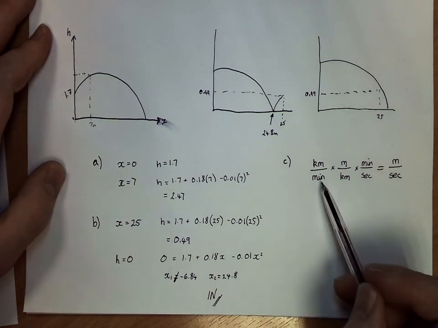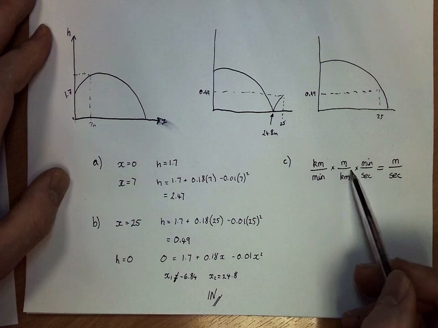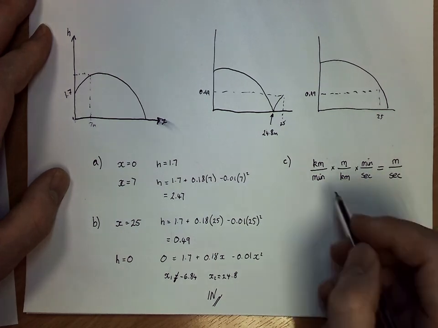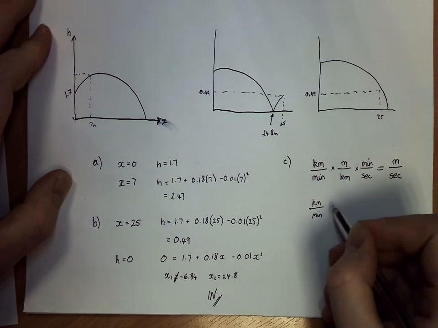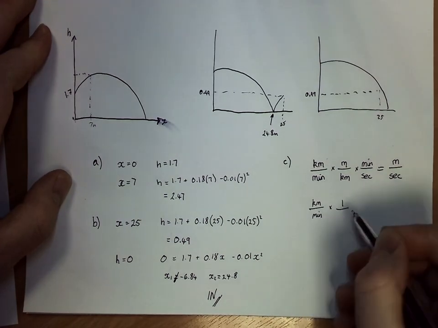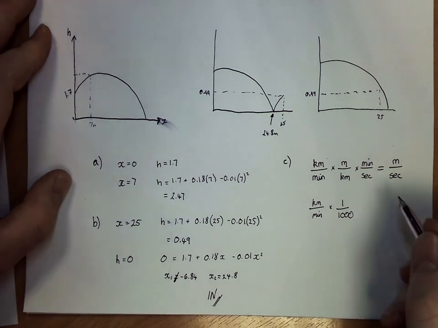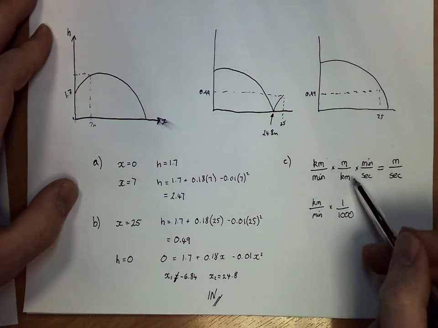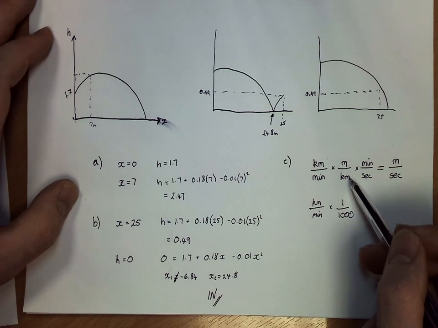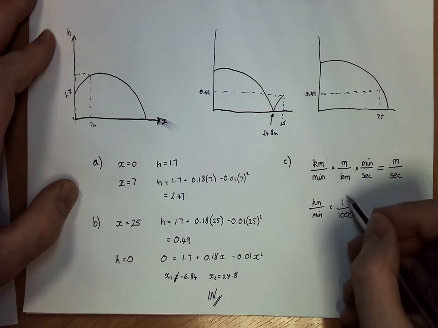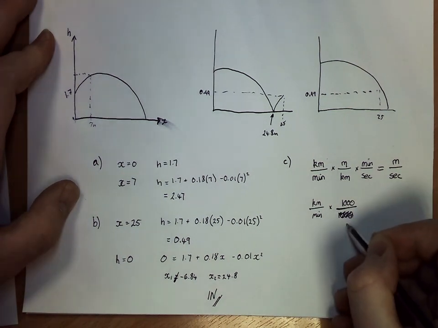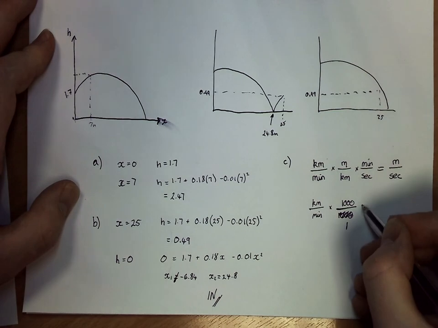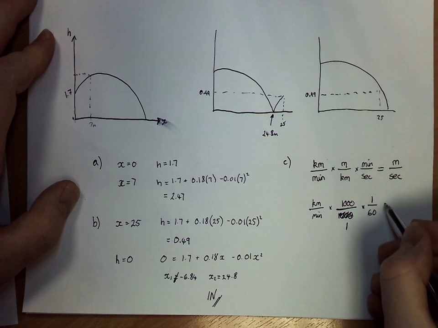So this shows me that the kilometres will cancel, the minutes will cancel, leaving meters over seconds. So if I do kilometres per minute times by 1 over 1000, so this fraction is actually 1, because, hang on a minute, I've done that the wrong way round, 1000 metres is equal to 1 kilometre. And then doing the same with minutes to seconds, 1 minute over 60.